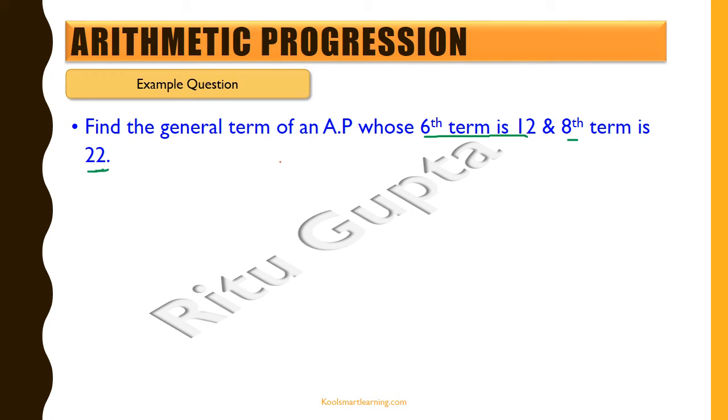So we can say A plus 5D is equal to 12, and A plus 7D is given to be 22. So if we subtract the first from the second one, we get 2D is equal to 10, which means D is equal to 5.